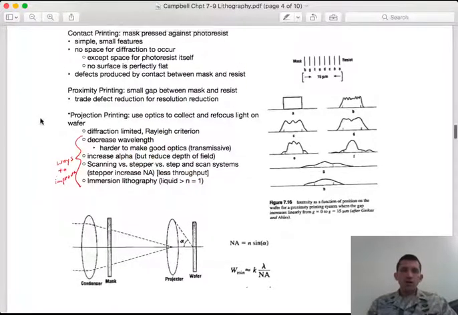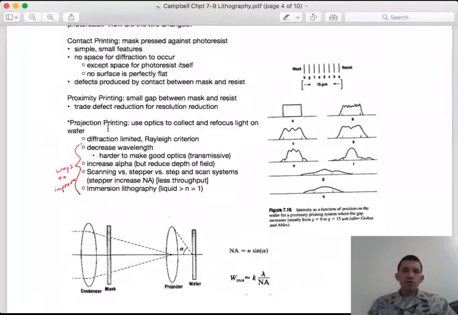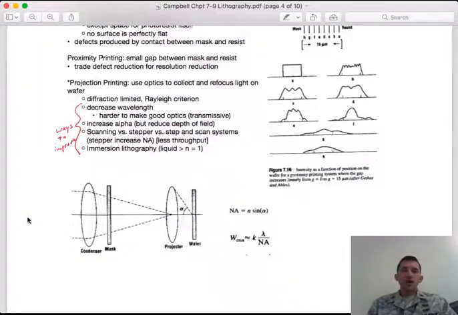Here you are not putting the mask and the resist in contact, and you're also not just putting a space in between them. Here you're putting quite a bit of space in between them, but in that space you are putting in optics to collect and refocus the light on the wafer.